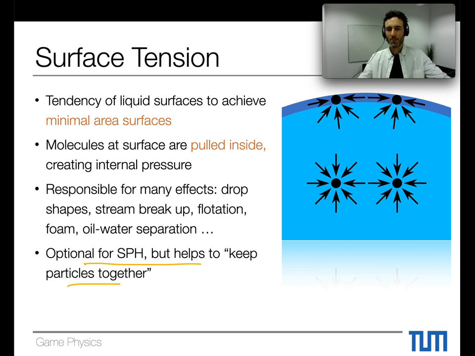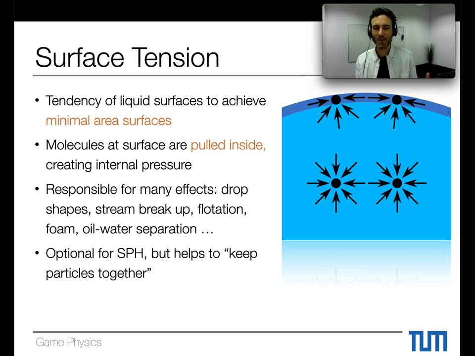But there's nothing that keeps the particles in one spot like we expect from a normal liquid. And that's what this surface tension force can do. It can help to control the particles a bit and keep them together. Surface tension is a neat topic because some really fascinating effects develop from it.